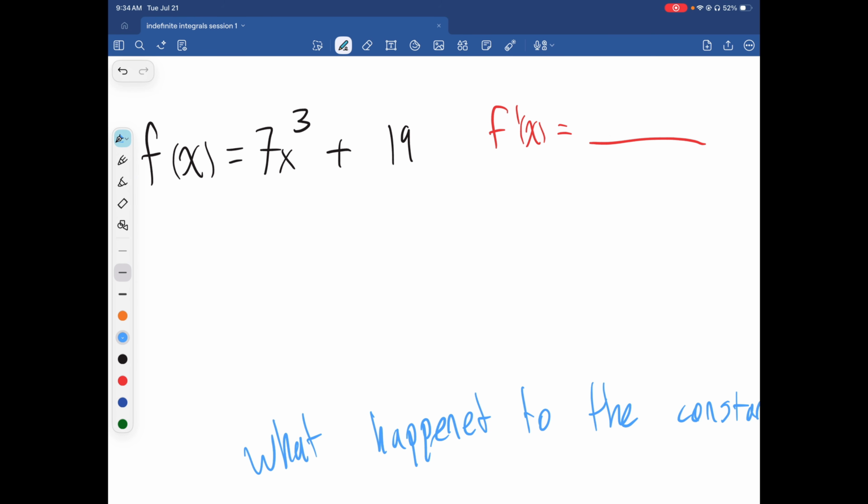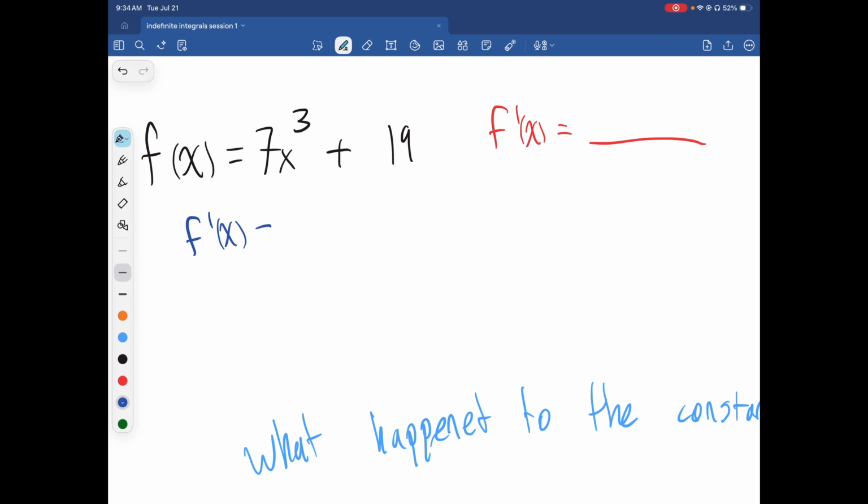Now here, take a second, try this one out. Pause if you need to. We know that we're going to have f prime of x.